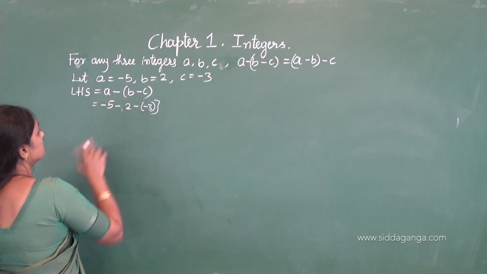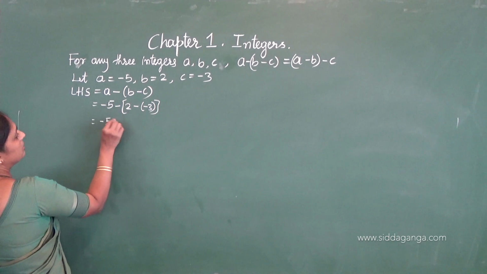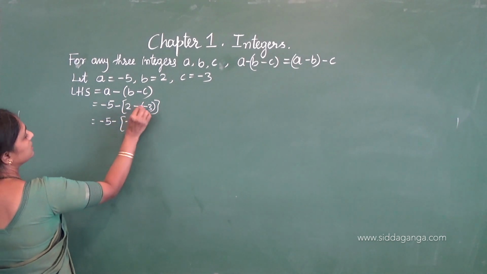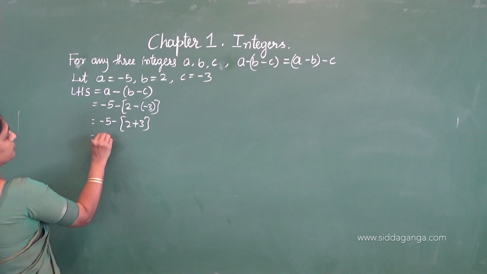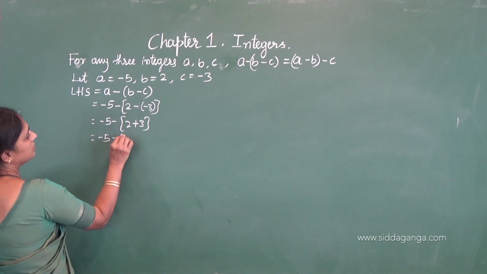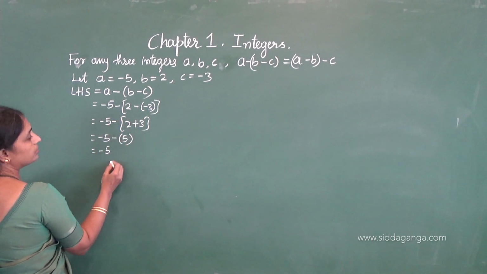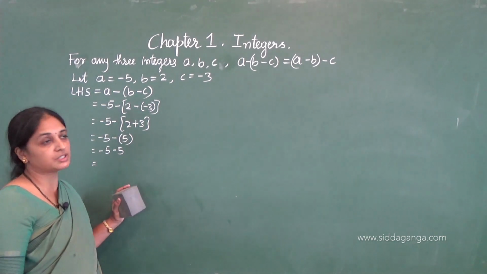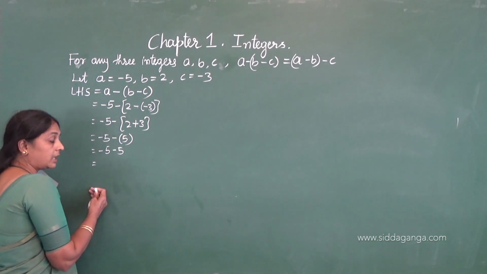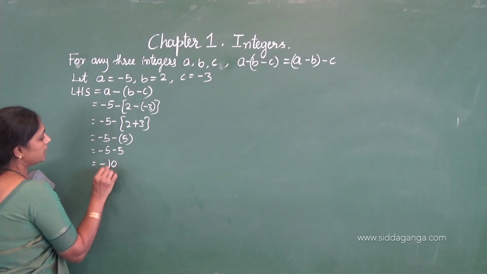Then it's equal to -5 - 2, minus into minus is plus 3, that is -7 + 3, that is equal to -4.